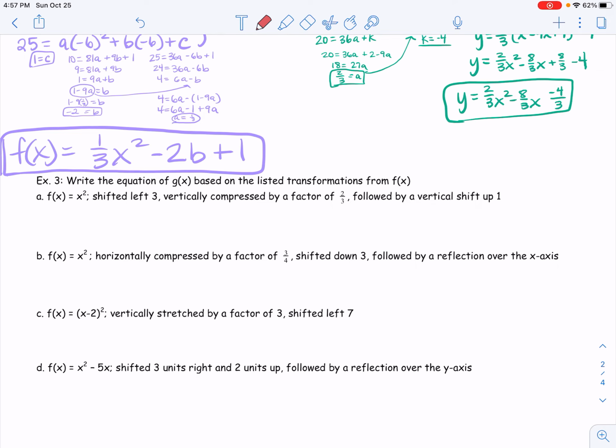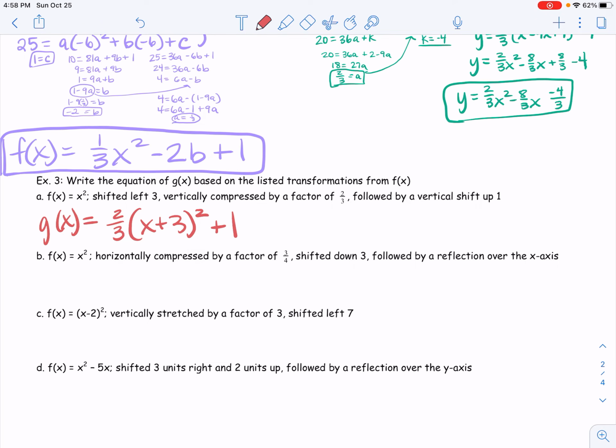I need to shift it left 3, vertically compress by a factor of 2/3, followed by a vertical shift up 1. So left 3 means it's now going to be x plus 3 squared. Vertically compressed means I multiply that by 2/3, and then I follow by a shift up 1 unit. Everything is in the correct order that I want it to be in, and so this is my new function.